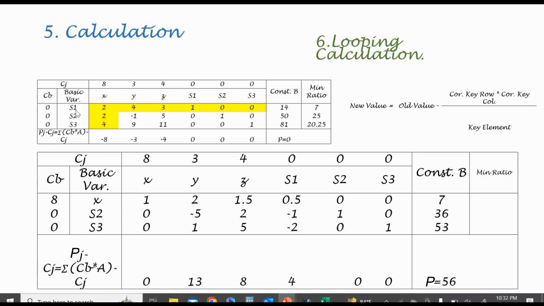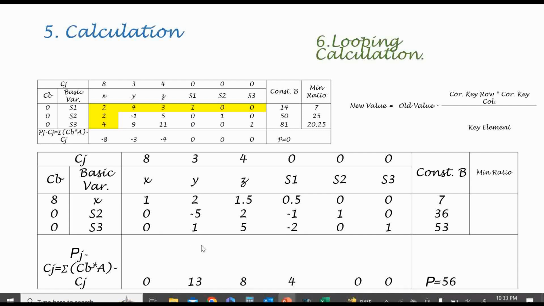So S1, which has the lowest ratio, will be our leaving variable, and in this position X will enter. So X is written there with its coefficient 8. Okay, and S1 and 0 leaves. So now let's move on to determine our other values.